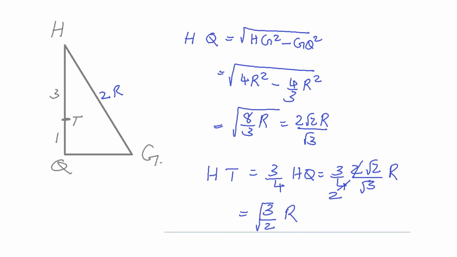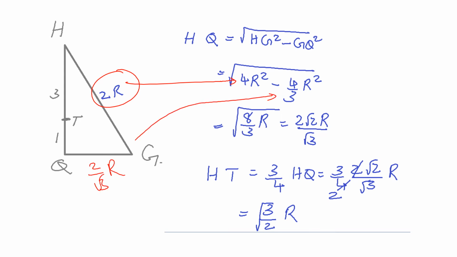HQ is equal to the square root of HG squared minus QG squared. Substituting 2r squared is 4r squared, and QG is 2/root 3 times r, squared, and simplifying we get HQ. Then HT is equal to 3/4 times HQ, because T divides the line in the ratio 3/4 and 1/4. So that is root 3 over 2 times r.